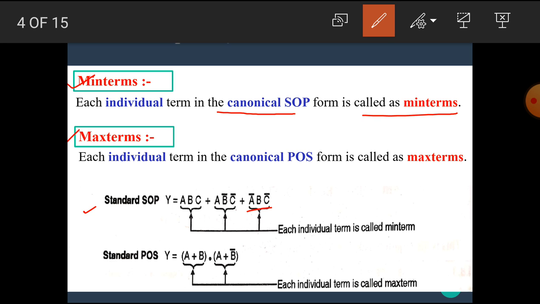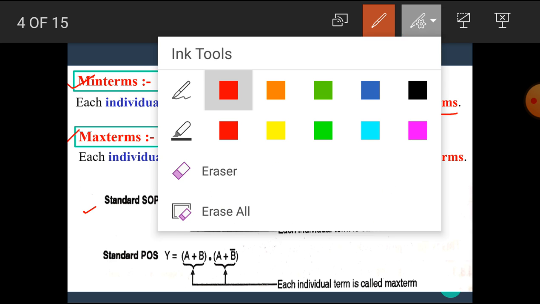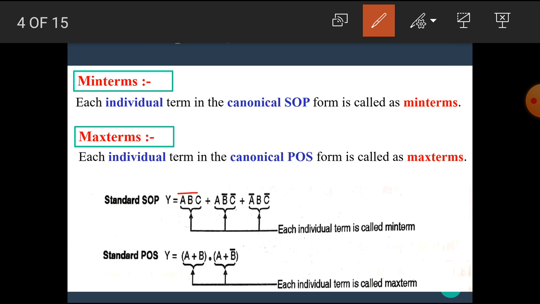Here this equation is in canonical form, and each individual term, that means this term and this term, these terms are called the min terms. That means ABC, A B bar C bar, A bar B C bar, these are the min terms.